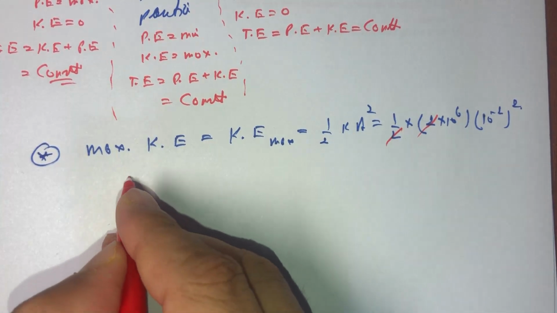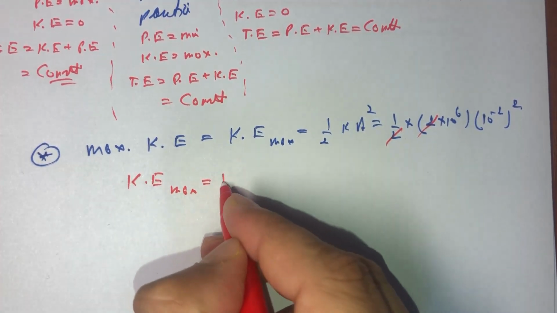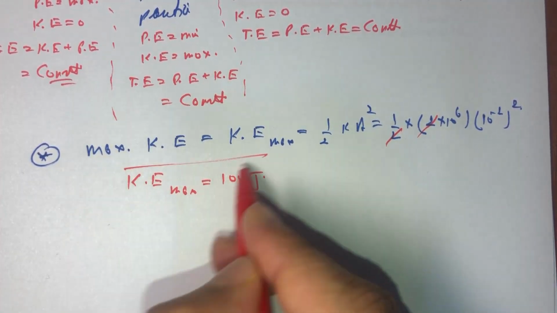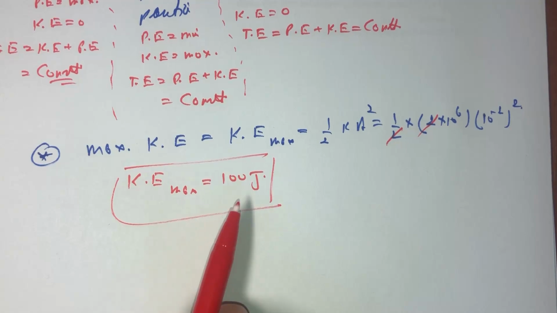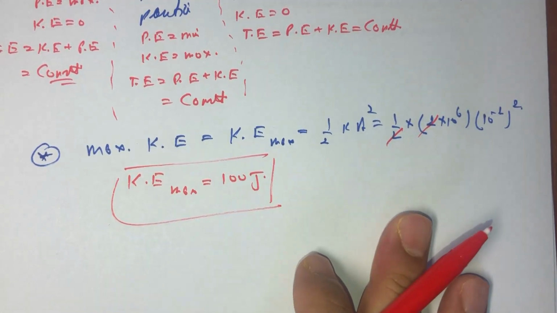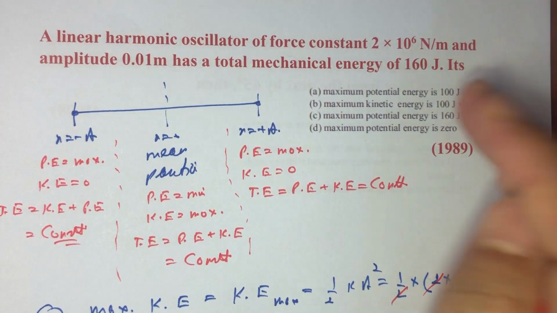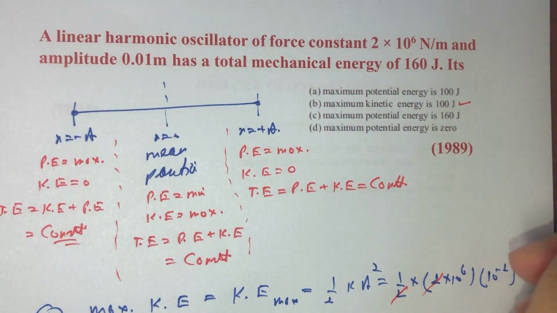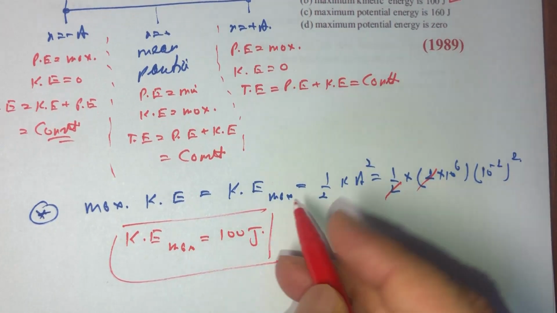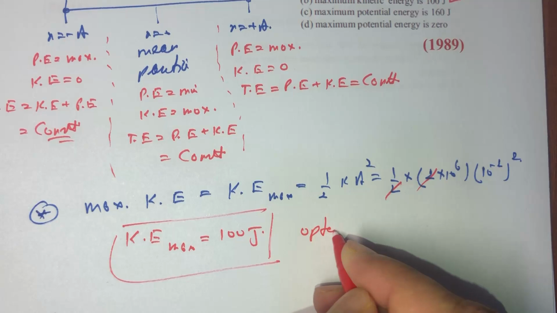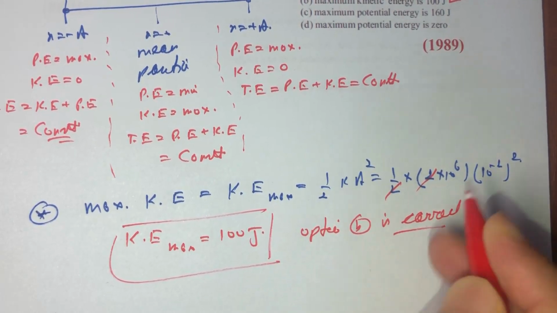So we get the maximum kinetic energy equal to 100 joules. So at least this option is correct, and since this is a multi-correct question, we are also going to verify the other options. So option B is correct.